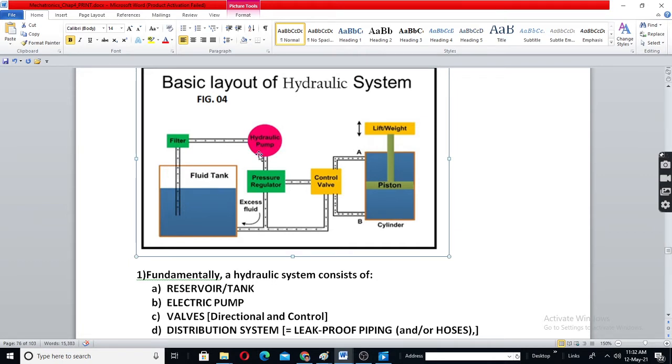After that, when the pump drives it, it goes to the control valve for the operation of piston through a pressure regulator. There is a pressure regulator which will release or unload the fluid in case the pressure increases beyond the required value or set value.